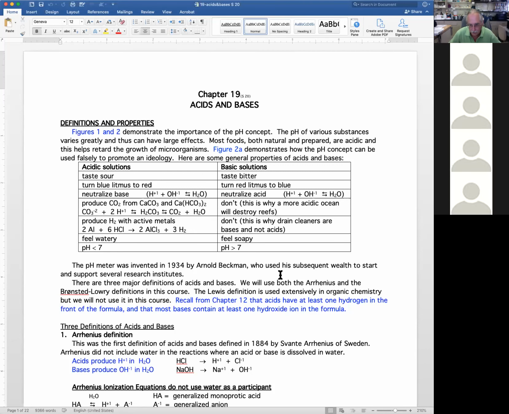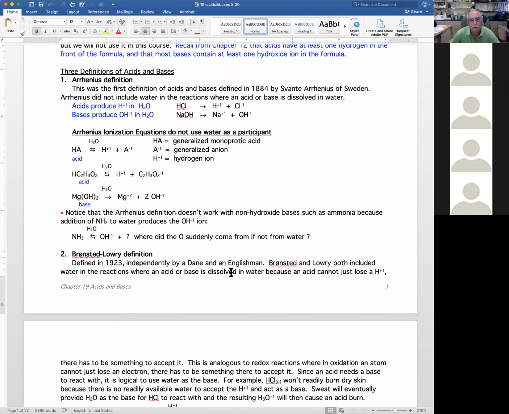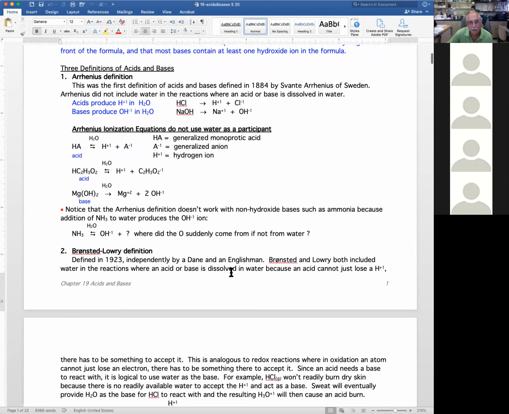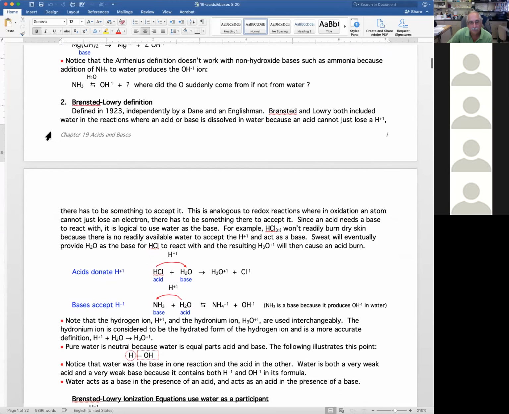So what I'll do is I'll just start reviewing a little bit. So in chapter 19, here's some properties of acids and bases. Here's the definitions. And in this chapter, at this type of chemistry, the major definition we use is the Bronsted-Lowry definition.